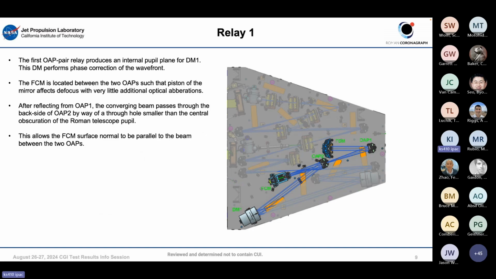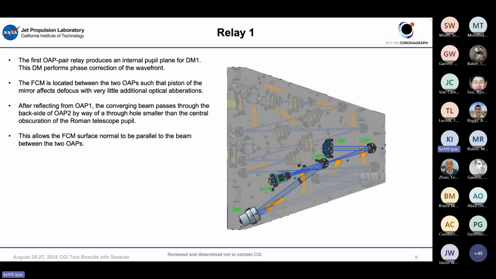Of particular note is relay 1. Relay 1 consists of the fast steering mirror, two OAPs, the focus control mirror, and then ends at DM1. This was more complicated because the focus control mirror, in order to not produce any other aberrations other than just correcting for focus, needed to be on axis to the beam.